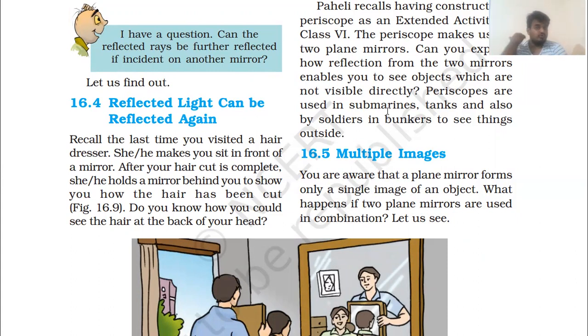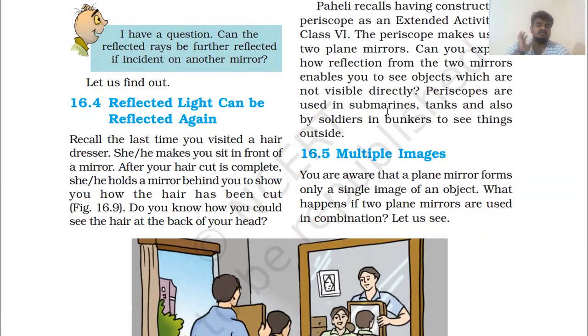You will observe from behind your head, and you ask them to show you a mirror so that you can understand how the hair has been cut at the back. So do you know how you could see the hair at the back of your head? The reason is the same: reflected light can be reflected again.